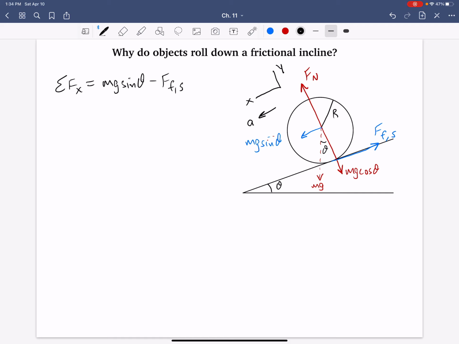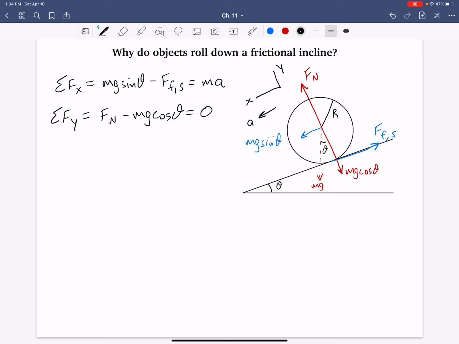Because it's accelerating down the incline, we have it equal to the net force of ma. That's positive because it's in the same direction as the acceleration, making our lives a little easier. In the y direction, our positive force is the normal force minus mg cosine, and since it's not moving off of or into the incline, that equals 0.